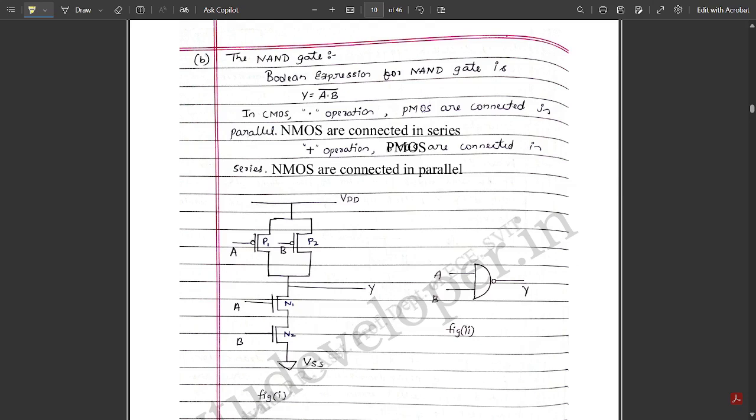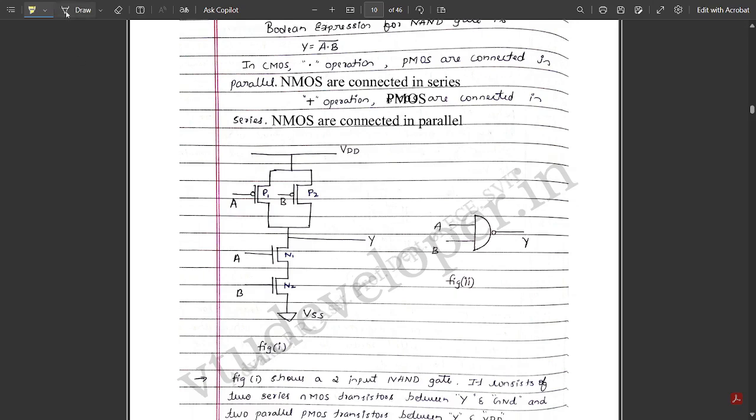In CMOS operation, for the AND operation PMOS are connected in parallel and NMOS are connected in series. For the OR operation, that is the plus operation, PMOS are connected in series and NMOS are connected in parallel. So this is the circuit diagram of a two input CMOS NAND gate.